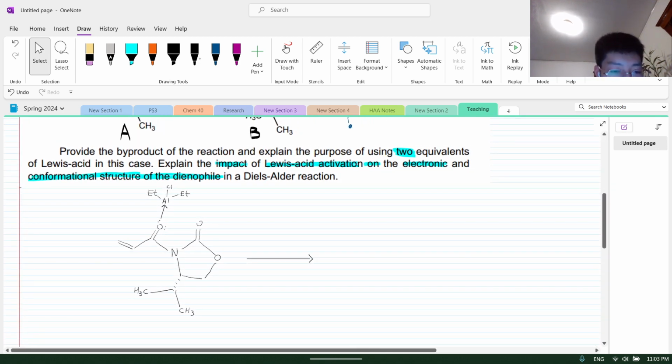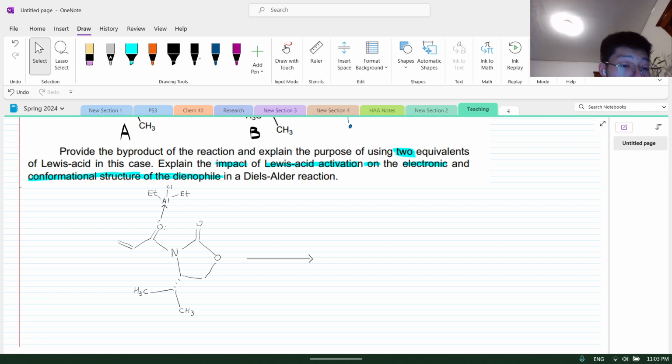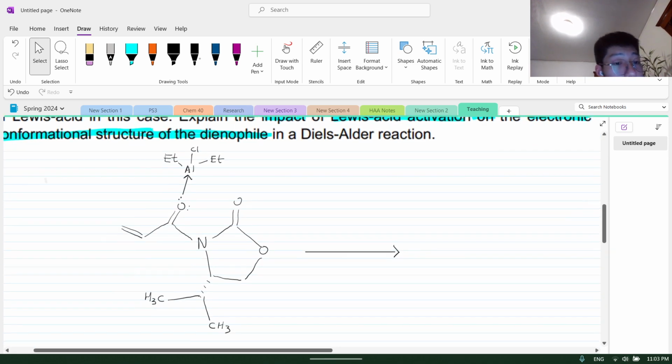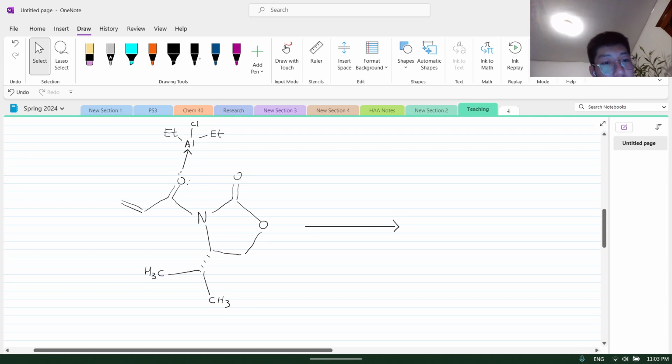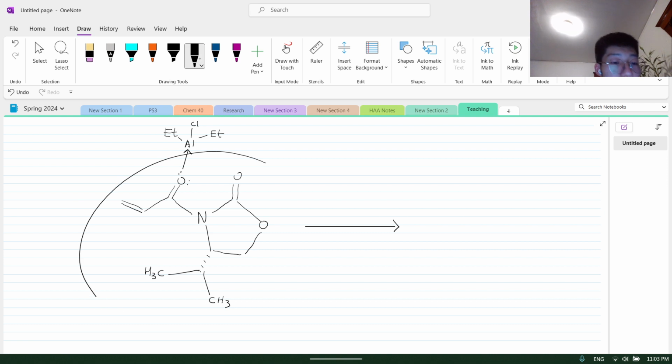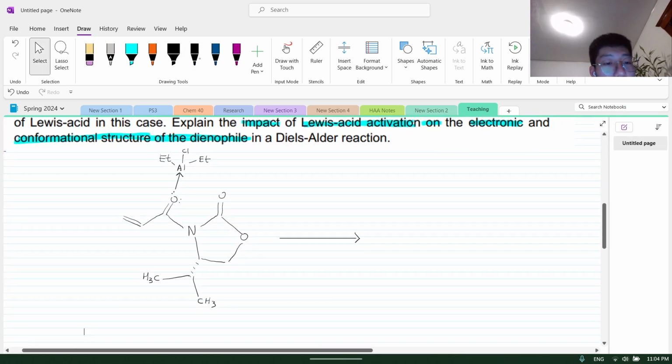In this case, our reactant is a dienophile, and this complexation of the oxygen's lone pair with the aluminum, which is Lewis acidic, bears positive charge, would mean that the LUMO of this dienophile would be lowered. And we know that when the LUMO of dienophiles are lowered, they would undergo faster Diels-Alder reactions with dienes.